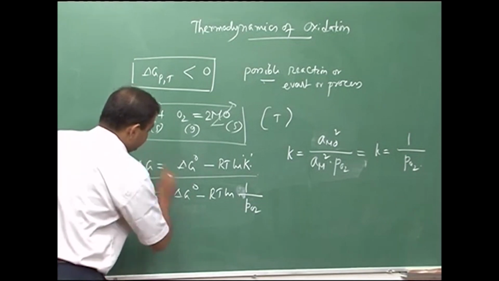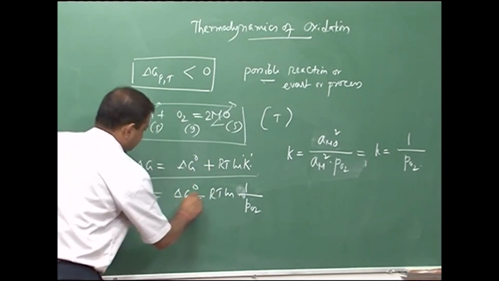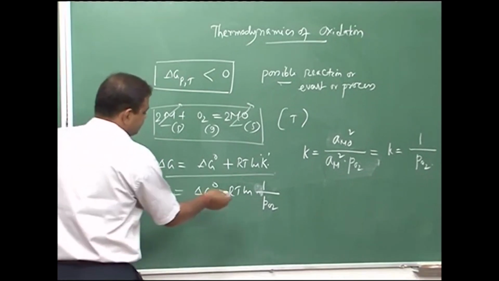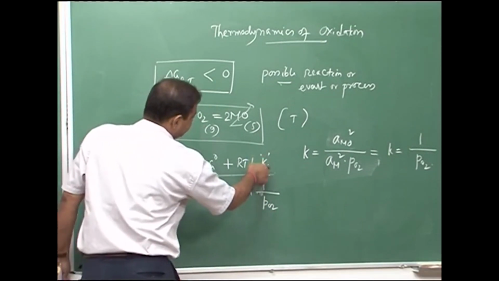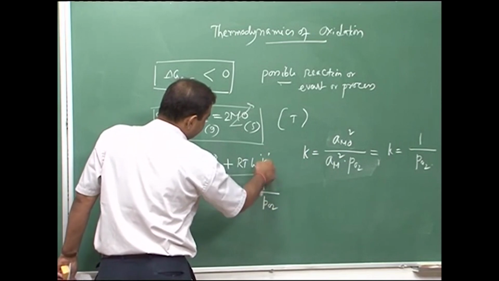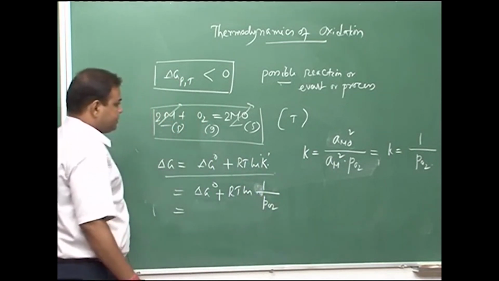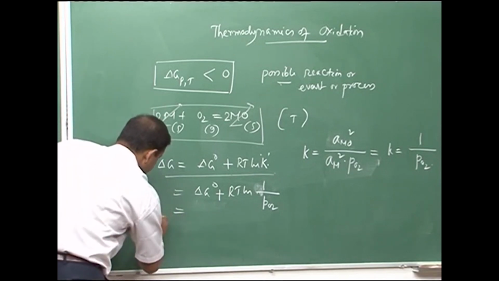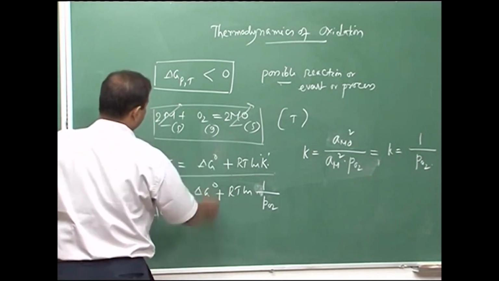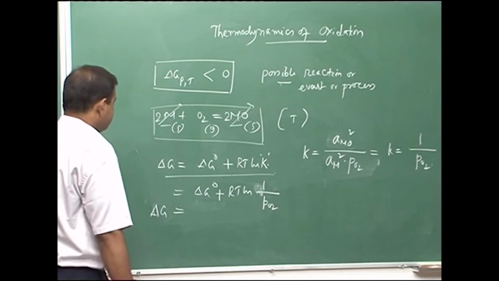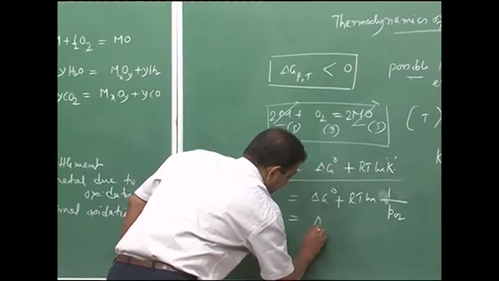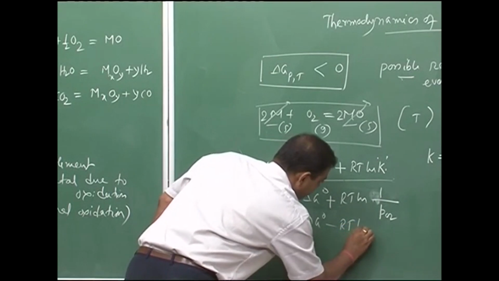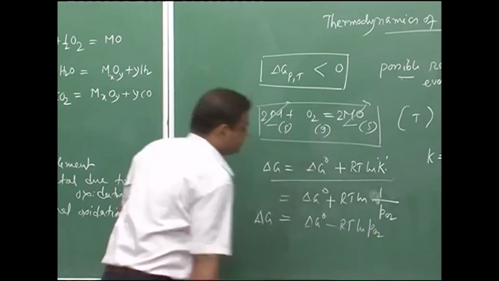I think I made a mistake here, it should be plus the reaction isotherm. So, if we replace the non-standard K with the equilibrium constant with partial pressure of oxygen, the free energy change for this forward process becomes del G 0 minus RT ln PO2.